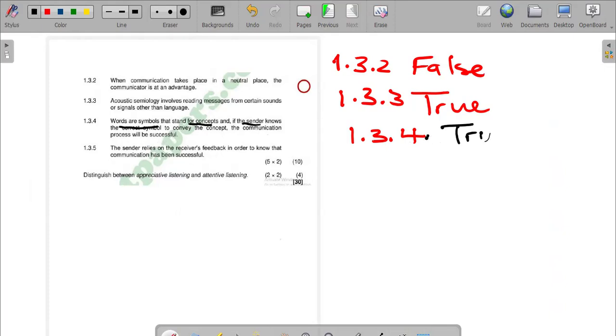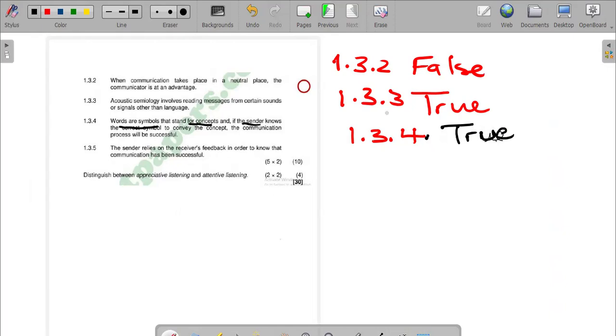So for communication to be effective, the receiver must also know the concept and the symbols. If the sender knows the correct symbols and the receiver does not know them, communication becomes ineffective. So both the sender and the receiver are supposed to know the words, symbols and even the concept.